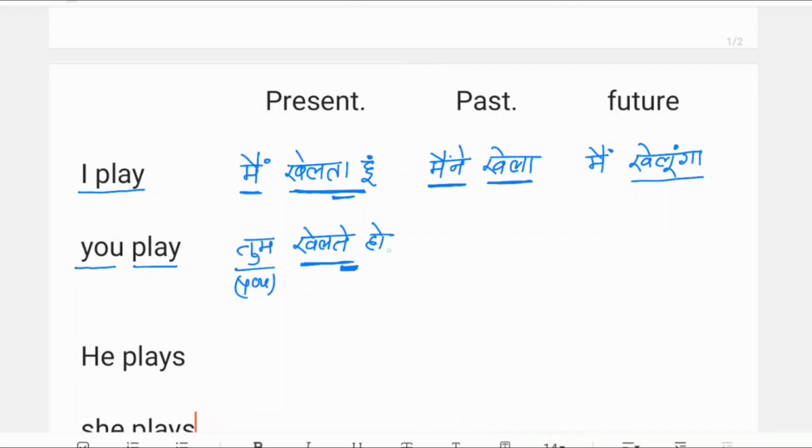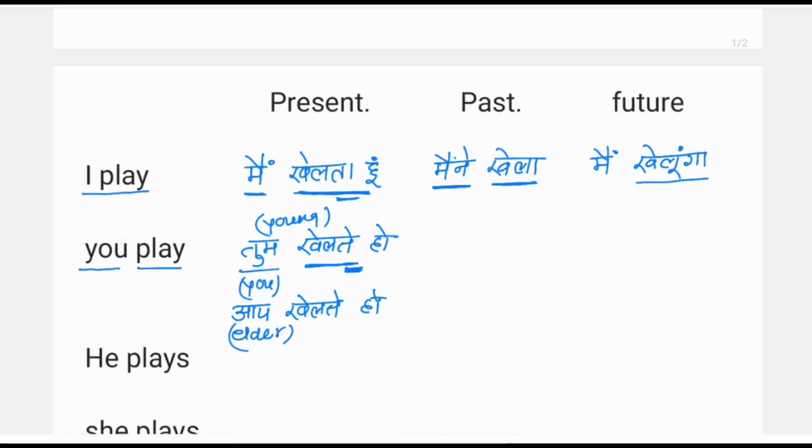Please note that we use तुम for the young ones, but we generally use आप for the elder ones. So तुम खेलते हो is for the younger ones and आप खेलते हो is for the elder ones. This is an important modification while using this pronoun.